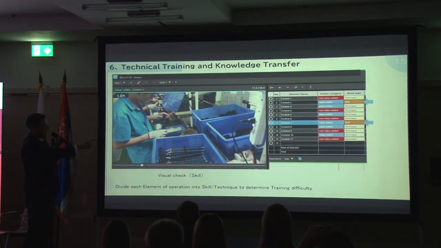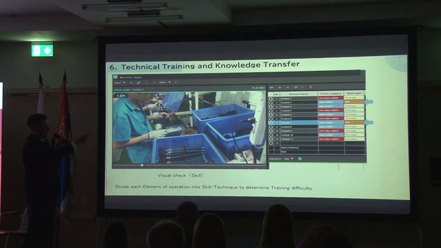And that's where you can see on the right, the work type wasn't there before between technique and skill. That's another distinction that you can make when you have elements in OTRS and KTS, is that you can edit them the way you want.